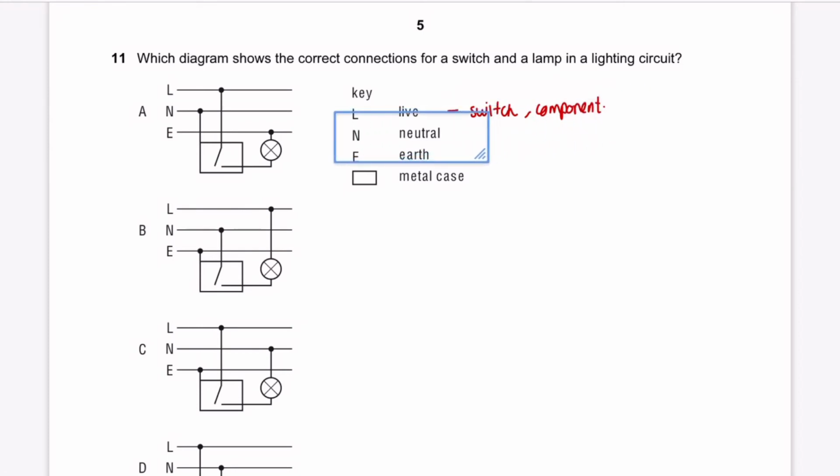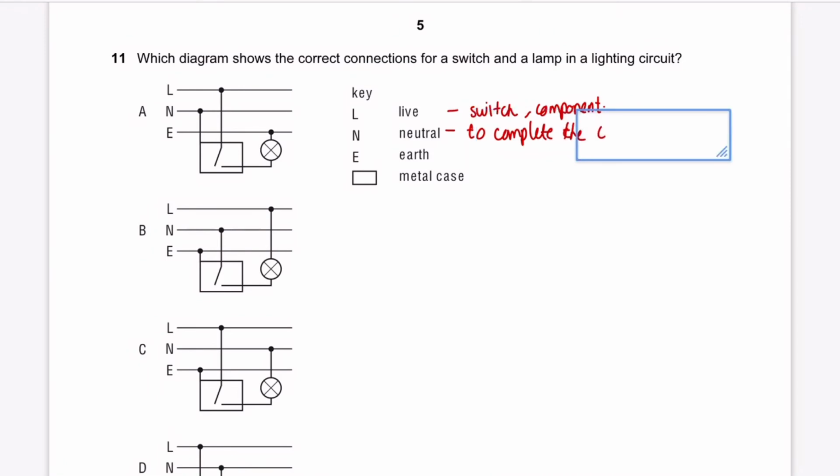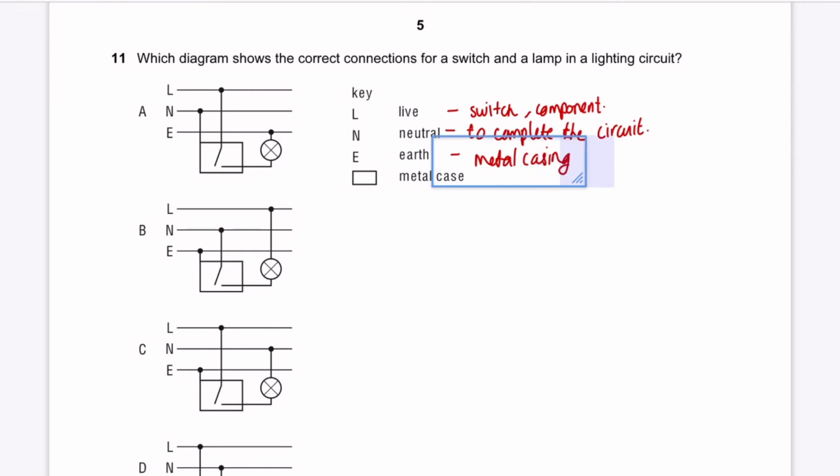Whereas neutral wire, the function is just to complete the circuit. The earth wire is normally connected to the metal casing of the component.